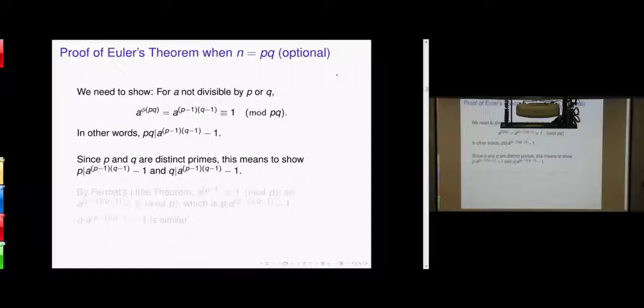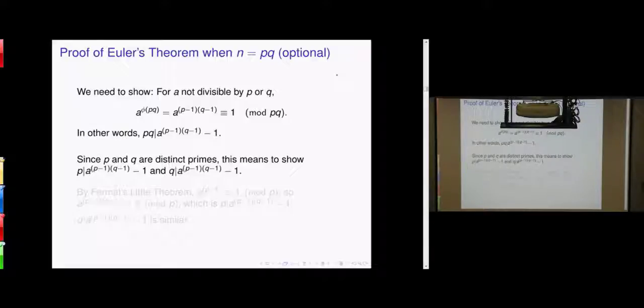Now I need to use a small fact about numbers. Since p and q are distinct primes, I want to show their product divides this, so I only need to show each individual one divides the number.